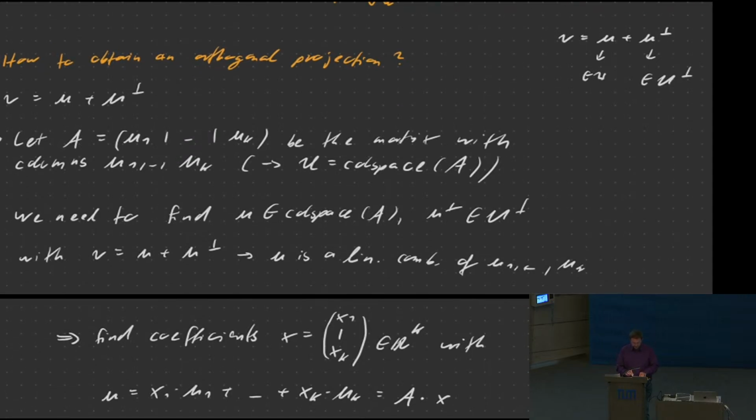And let's say we have the matrix A that describes our space U. So U is the column space of A, meaning the span of the columns of A, right? So here we have the vectors U1 to UK.